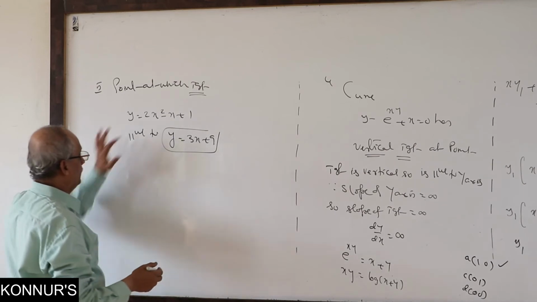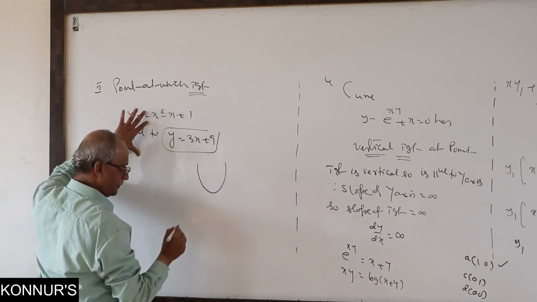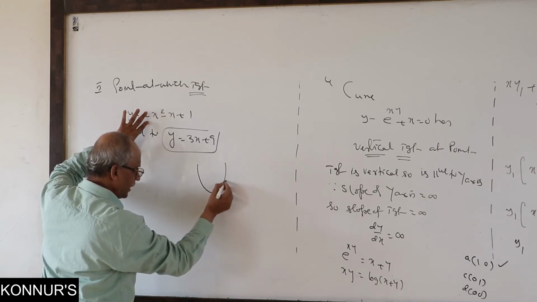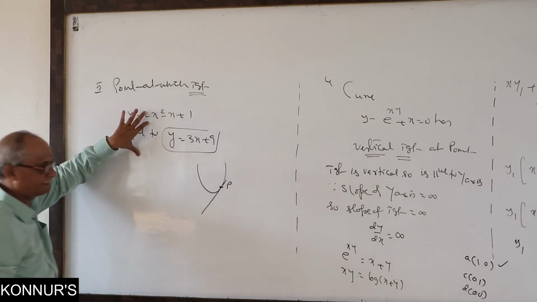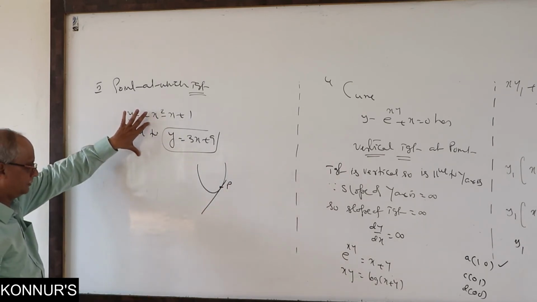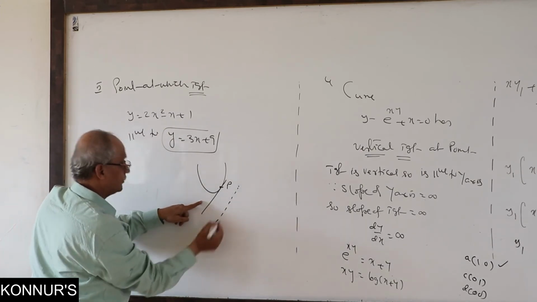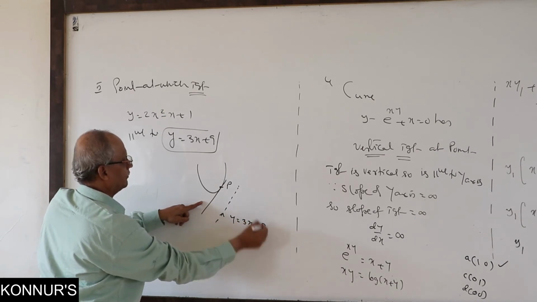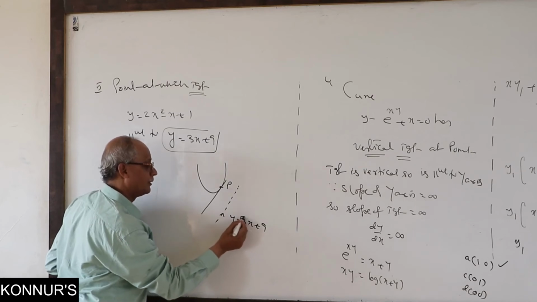If we consider this parabola like this, you can draw a tangent anywhere. Suppose I draw a tangent at this point P. Given this is parallel to the line y equal to 3x plus 9, the two lines are parallel. Here what is the slope? 3.